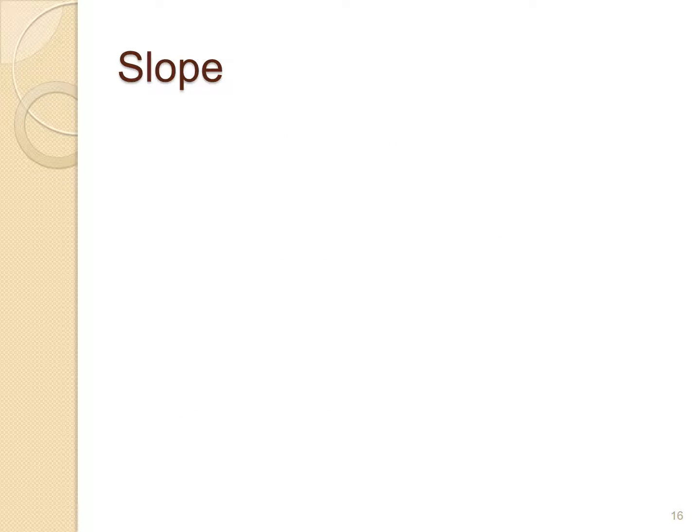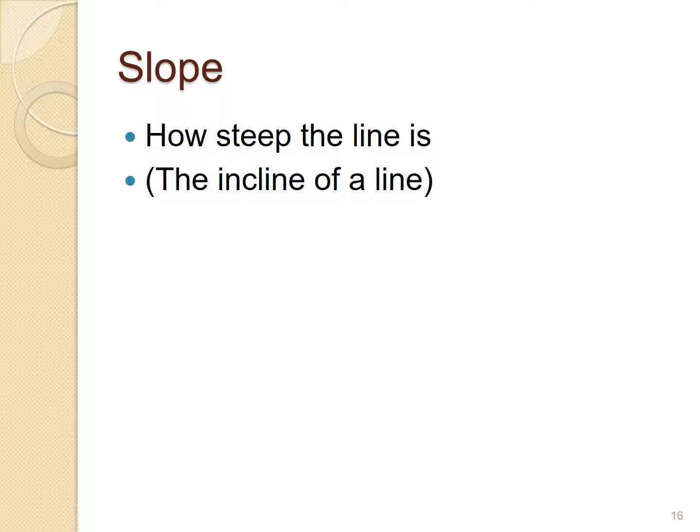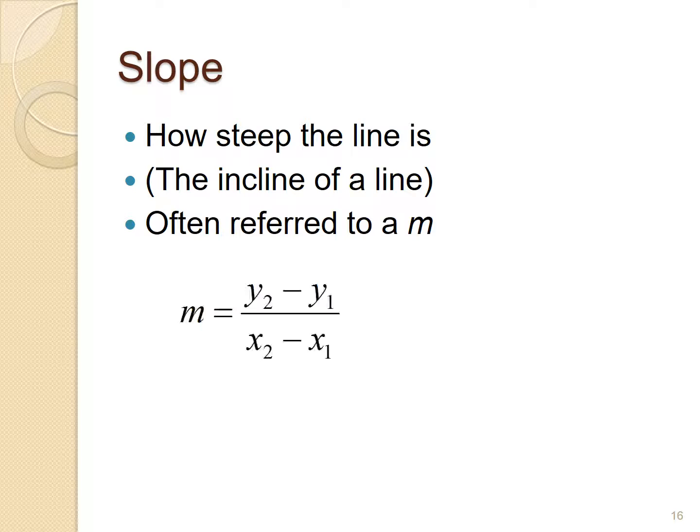The slope of the line, as I mentioned, is kind of how steep the line is. And can also be thought of as the incline of the line, how much it's inclined. The book and in many different places refer to it with the letter m. You don't have to, but the book does.